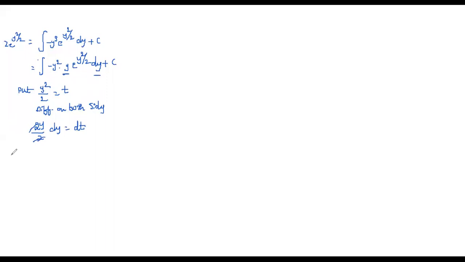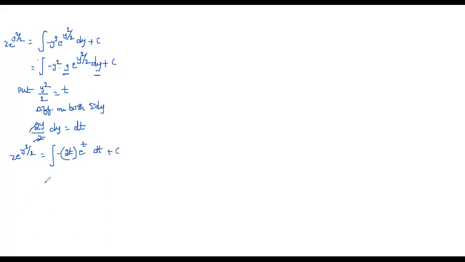So z into e power y square by 2 is equal to integral of minus y square, which is 2t, into e power t, and y dy is simply dt, plus constant.